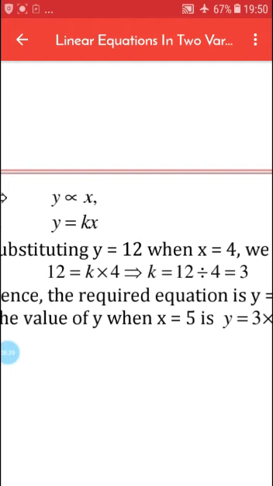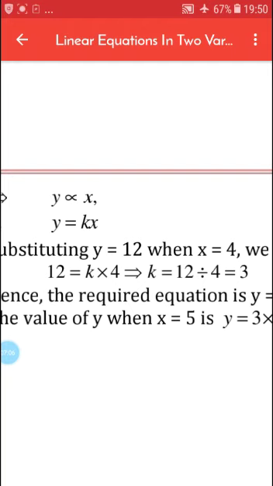Another thing we have learned, a linear equation in two variables has how many solutions? Infinitely many solutions. The graph of every linear equation in two variables is a straight line. Is that okay?